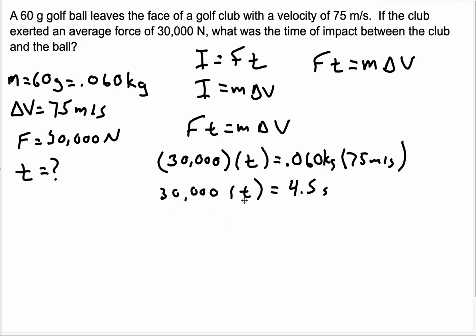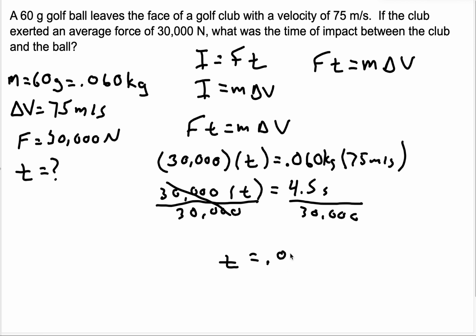So then I got to get rid of this 30,000. So I have to divide both sides by 30,000. And these 30,000s will go away. And that leaves me with 4.5 divided by 30,000. That I cannot do in my head, you guys. It's going to be a really small number. 0.00015.